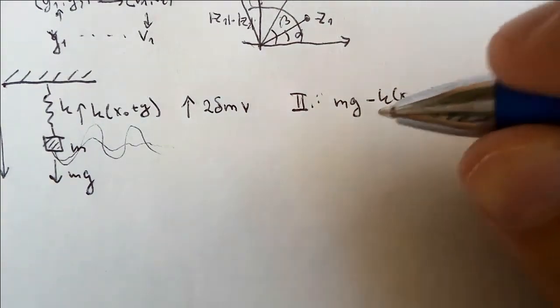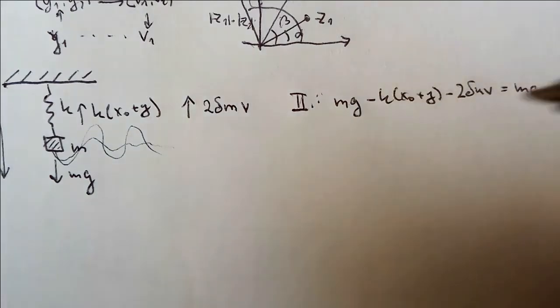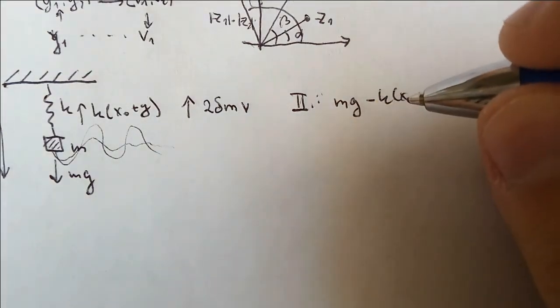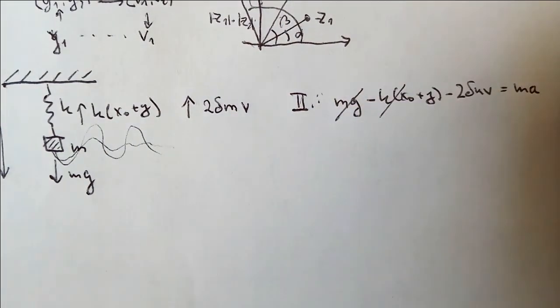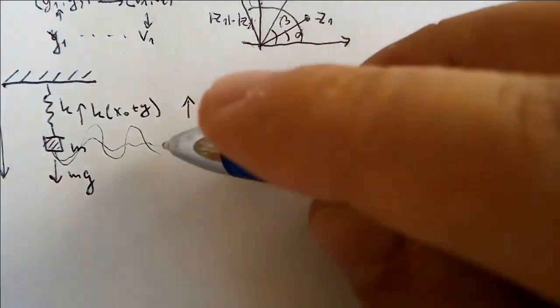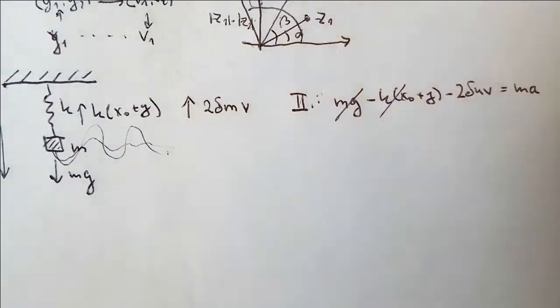So that means that I will cancel these two out, as they should, because in the equilibrium at the end of all time these are 0.